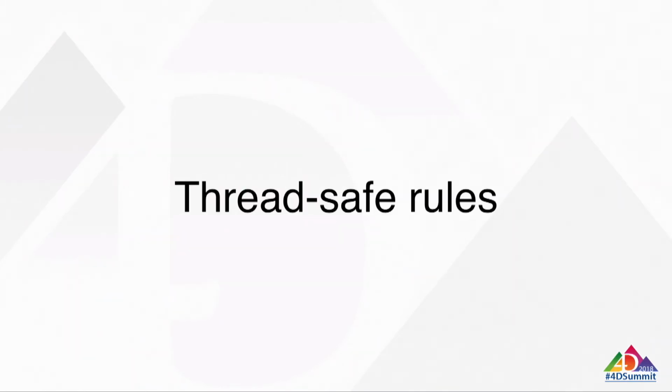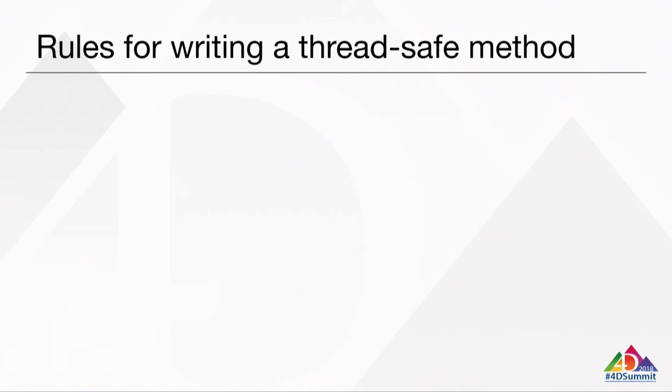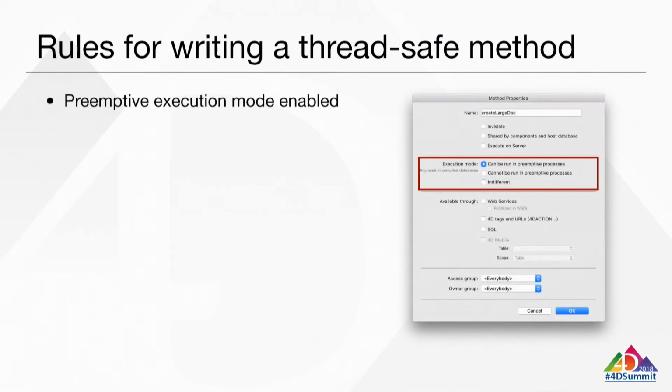Okay, so there are some rules that you have to follow to make sure that your code or your methods are considered thread safe. One of the things you will notice right away when you open up the method editor is an option in the middle of the screen, execution mode. This option only applies when you compile your database, right?